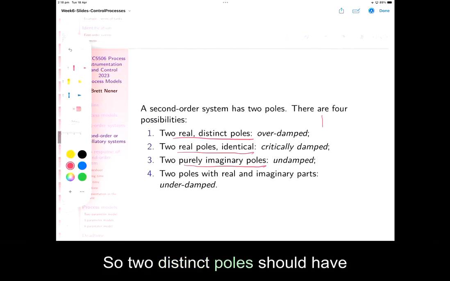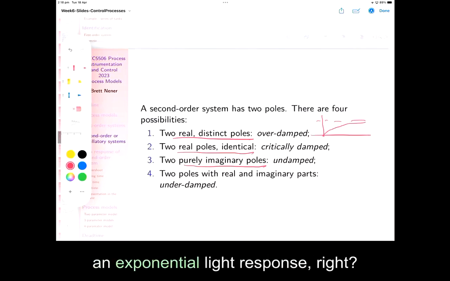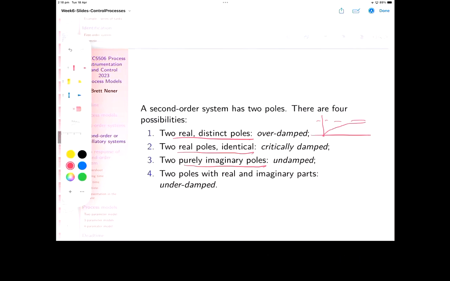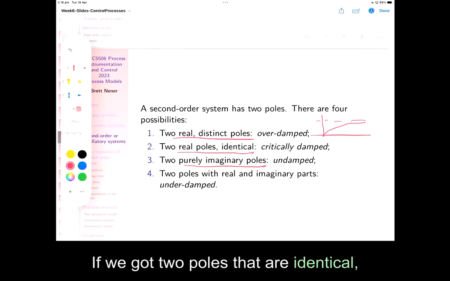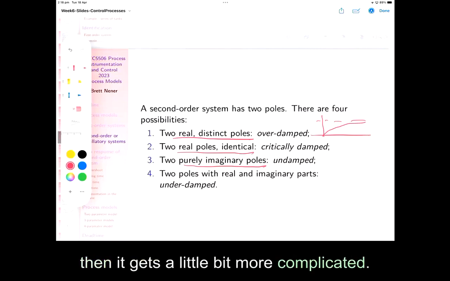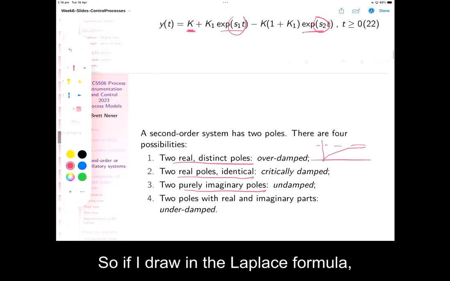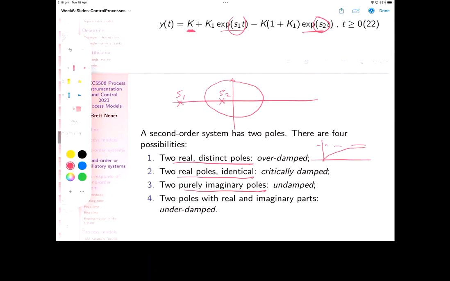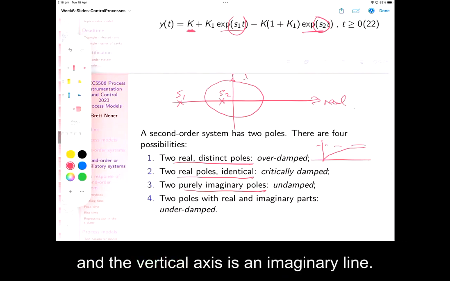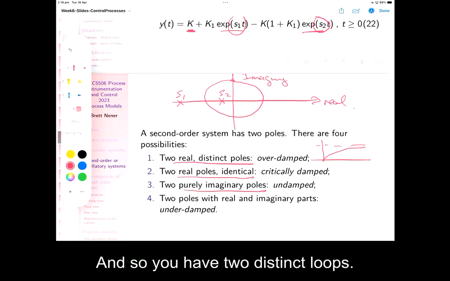Two distinct real poles should have an exponential-like response, depending on the relative size of S1 and S2. If we have two identical poles, it gets a bit more complicated. If I draw the Laplace domain, with two distinct poles S1 and S2, they're both real because they're sitting on the real line, and the vertical axis is the imaginary axis.